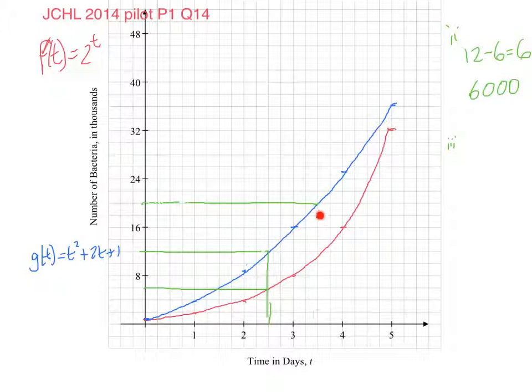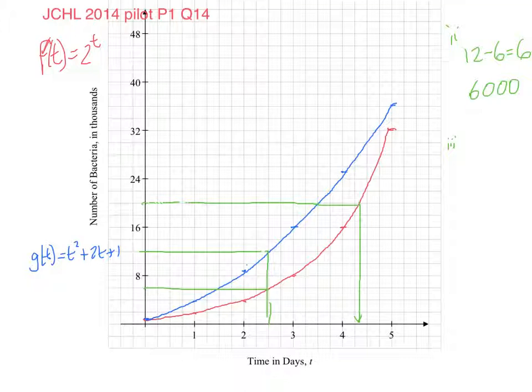I'm reading off 3.5. She predicts there'll be at least 20,000, but Paul only starts thinking there's going to be more than 20,000 a bit further on. If we extend it beyond, we can read off that value. We can say it's somewhere between 4.25 and 4.5.